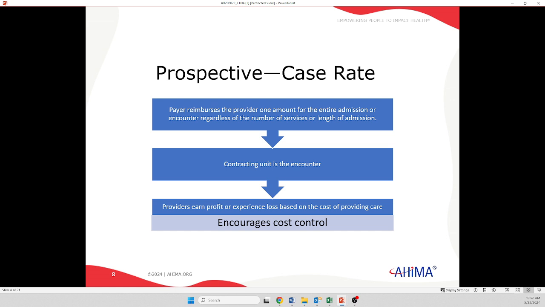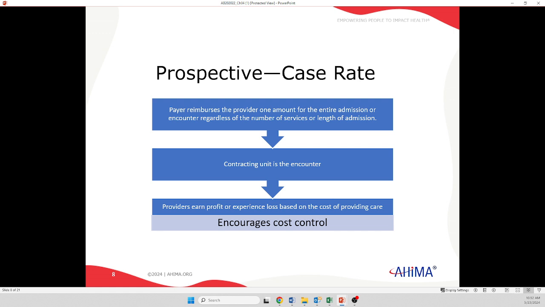They may also have CHF, they may have diabetes, and those patients are going to cost more for the facility, and the facility then loses money. So again, you can see down here at the bottom, it says they can profit or they can have loss based on providing care. And it all depends on how sick the patients are that come in under that case rate cost.